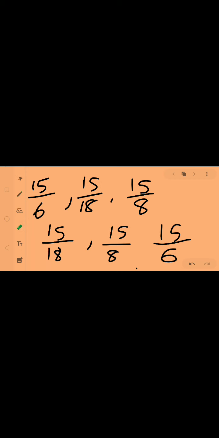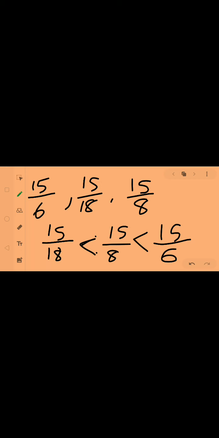So we write them in ascending order. Then we place the comparison symbol correctly. Between 15 upon 18 and 15 upon 8, the greater value is 15 by 8. Beside the greater, 2 dots, beside the smaller, 1 dot. Then we join and get the correct comparison symbol.